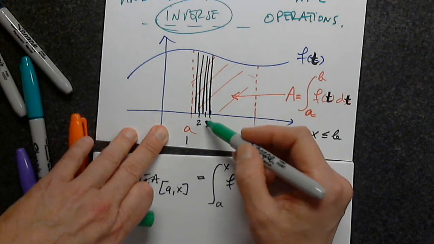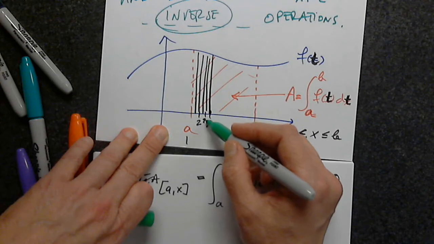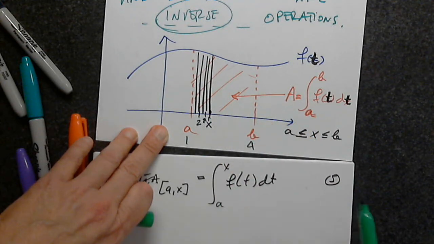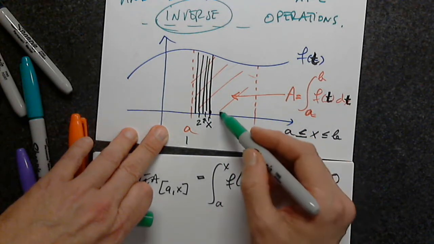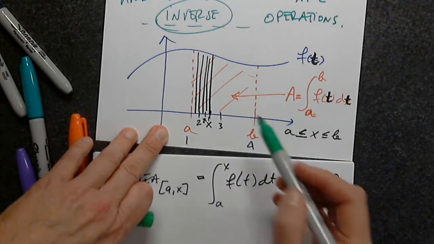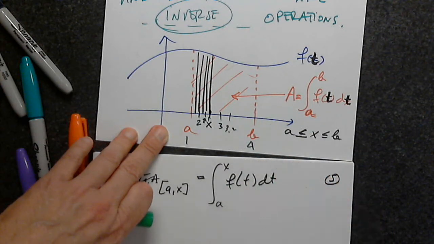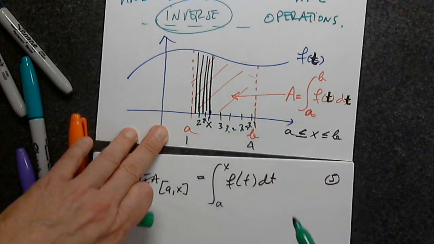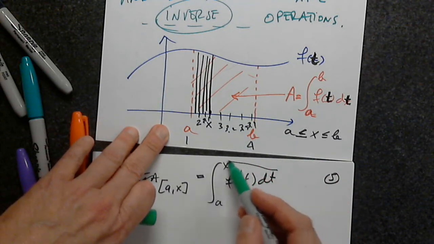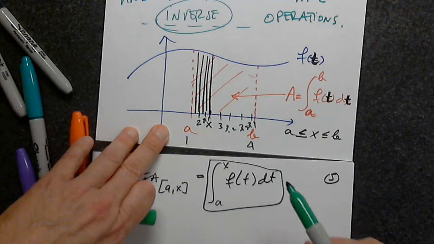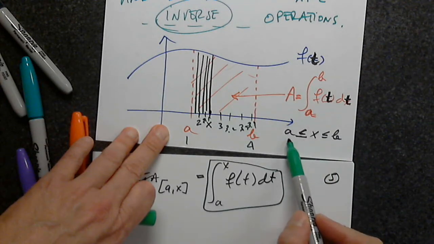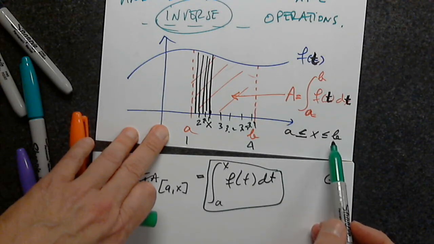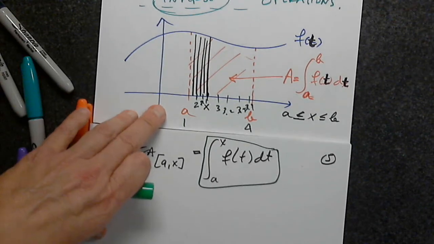If x is 2.1, I'm going to get a different number. If x is 3, a different number. If x is 3.2, a different number. If x is 3.5, if x is 3.9. So what does this represent then? Since x goes from a to b, what did I just create?